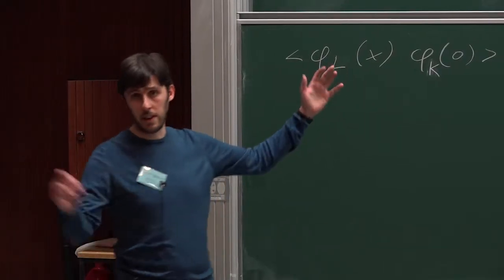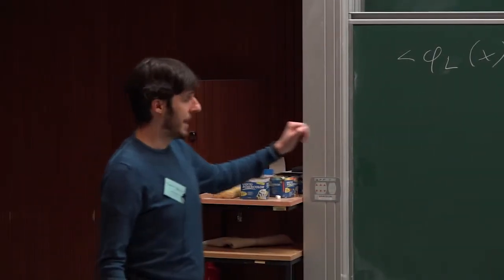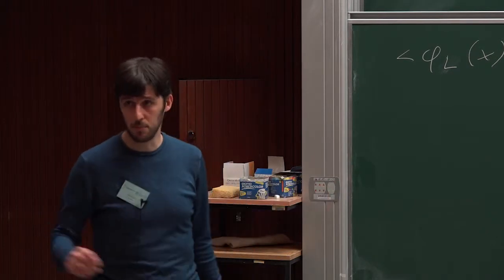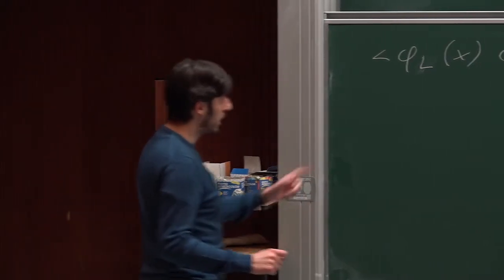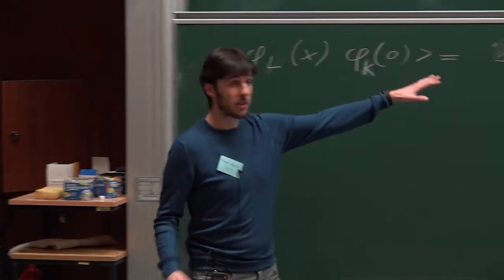So first, let's say that they are primary operators. And let's say that they are scalar operators, just to make my life easier. And the two-point function has this simple form.